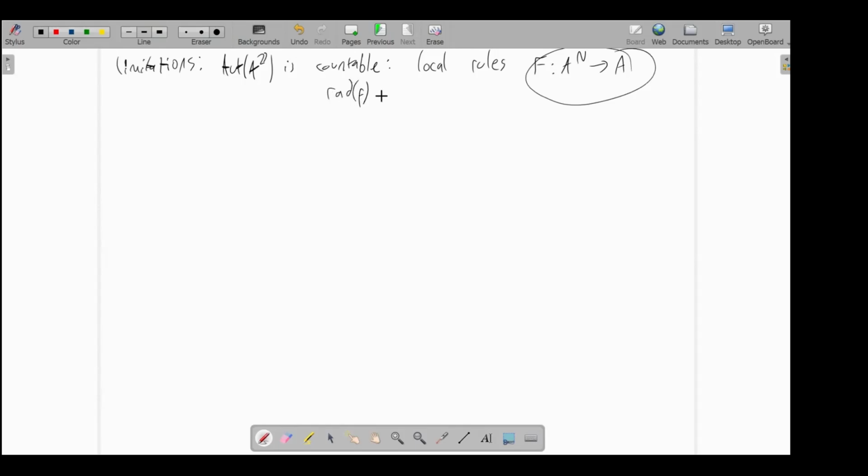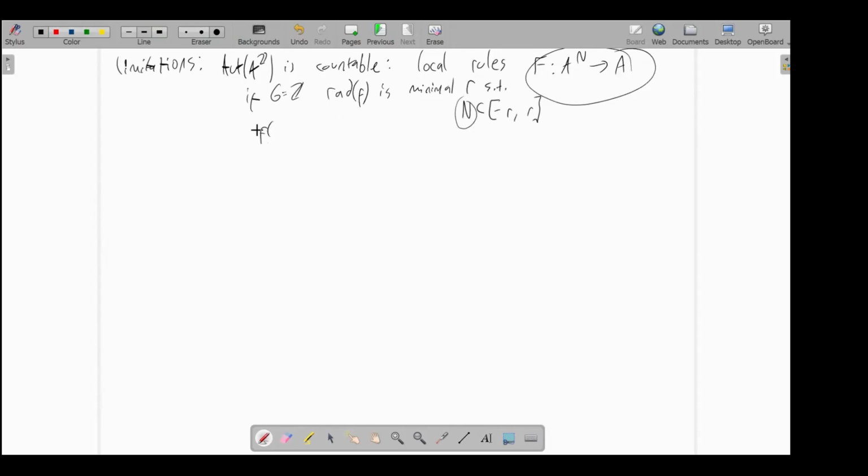And maybe I will define something. The radius of f is the minimal r such that the support can be in here, for the minimal possible r. Local rules are usually defined in terms of a finite subset of the group, but in the case where G is Z, any finite subset is going to be a part of an interval, and then I can take the minimal r so that you're in this interval, and this is called the radius.